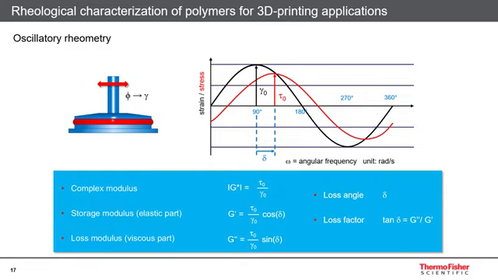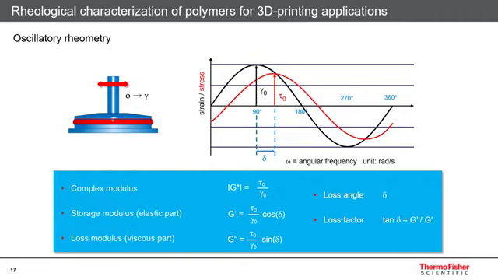Beside the moduli data, oscillatory measurements also provide a value for the phase shift between the input and the response signal, or in other words, the shift between the two sine waves for stress and deformation. A phase angle close to 0 degree describes an almost completely elastic material, like for instance a solid polymer sample.